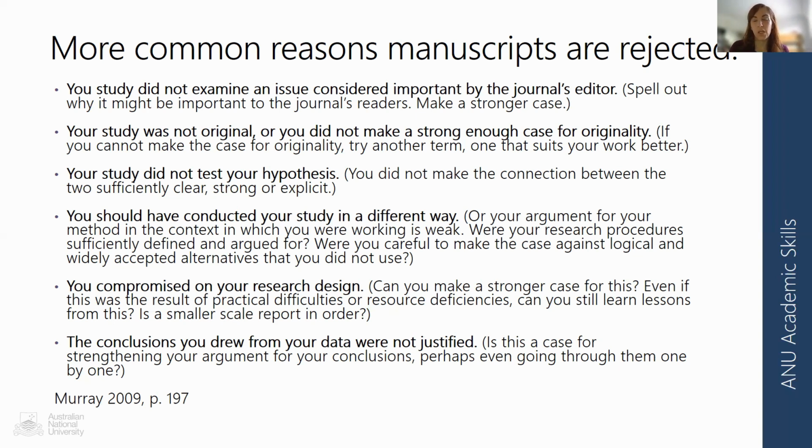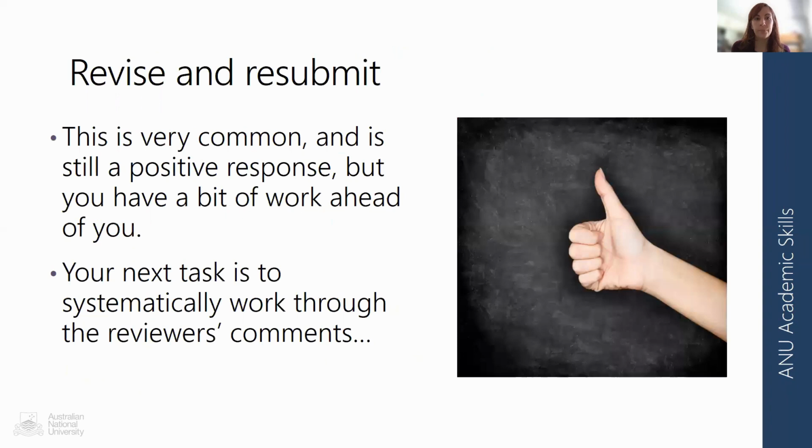Again, making those arguments for your work. And I've seen in some examples that the reviewers have said these conclusions were not justified. This doesn't really make sense. You've got this data and then you're saying it means this, and I don't see that connection. So you've got to be quite truthful and clear about the conclusions that you draw from your findings.